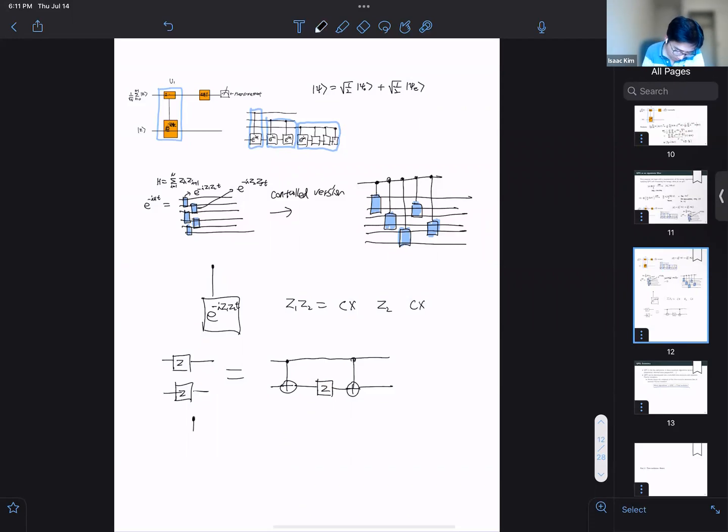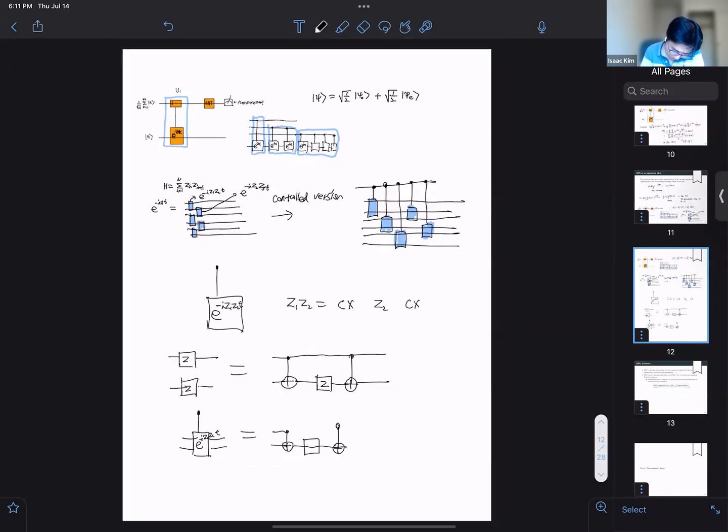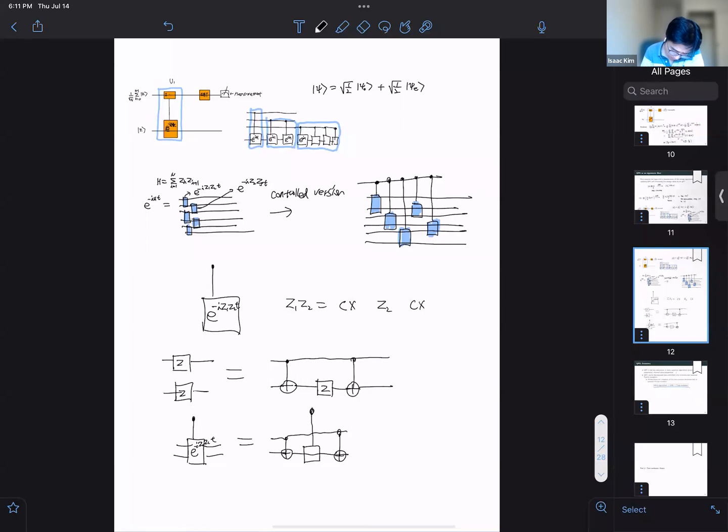So this thing over here will be e to the minus i Z t.